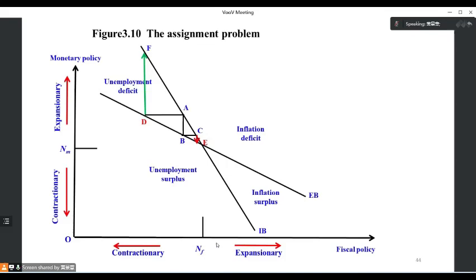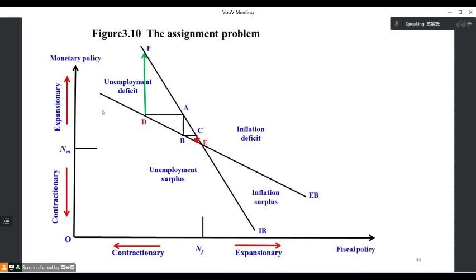And let's see the horizontal axis. When the arrow goes from the original point to far away, it means expansionary fiscal policy. When arrows go to the original point, it means contractionary fiscal policy.